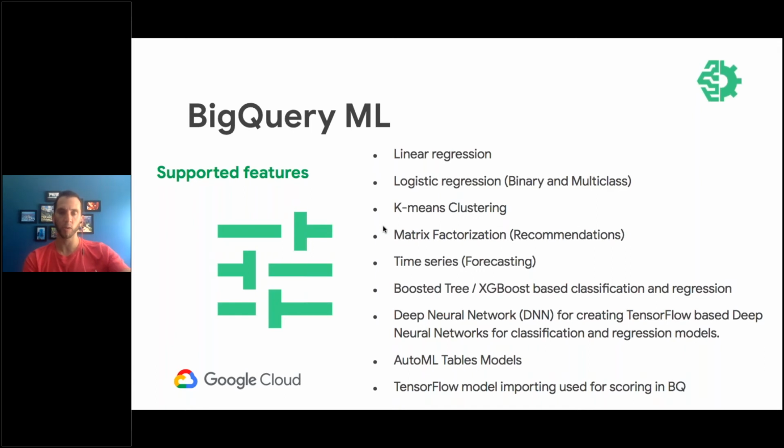But let's say you want to build a regression model, or do some clustering against your data, or build a recommendation engine, do some forecasting, or even deploy, let's say someone on your team built this amazing TensorFlow model, but you want to run it against the billions of records that are sitting in BigQuery.